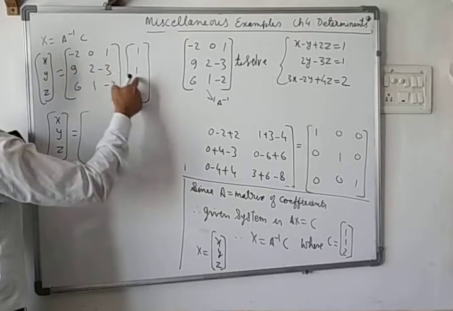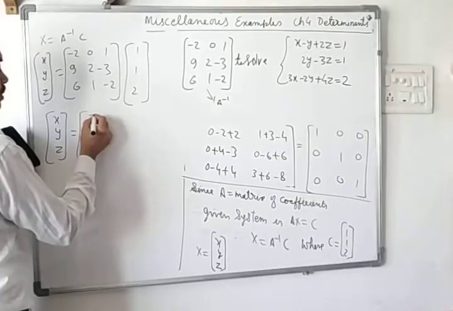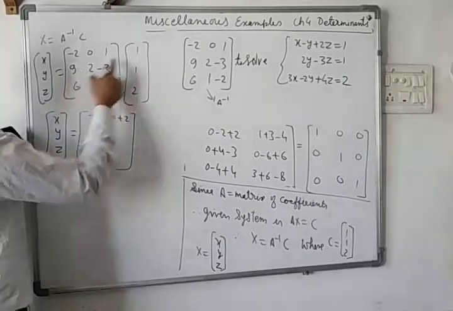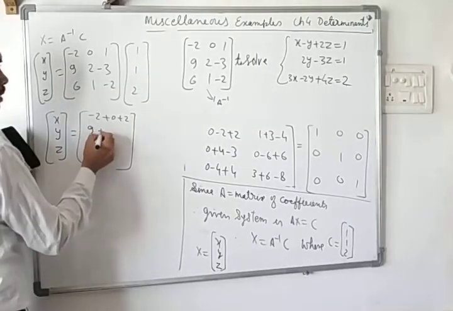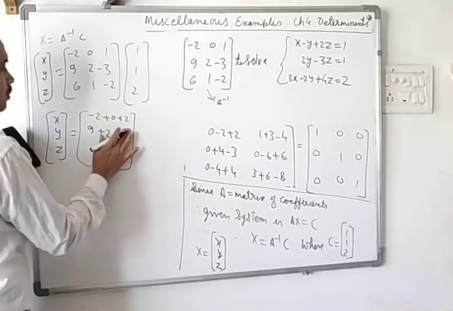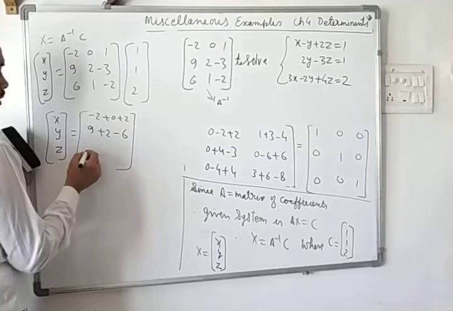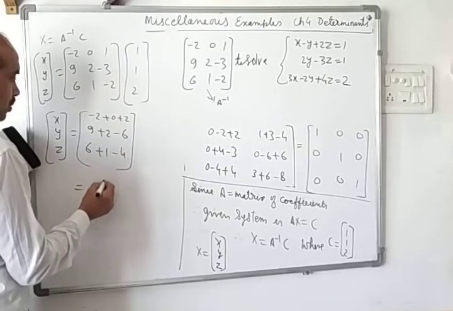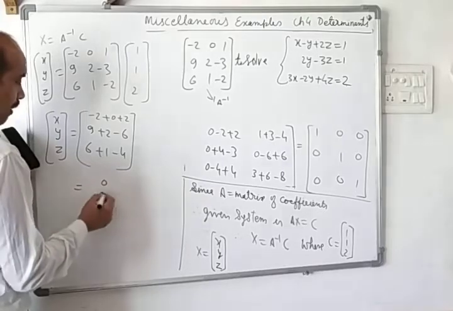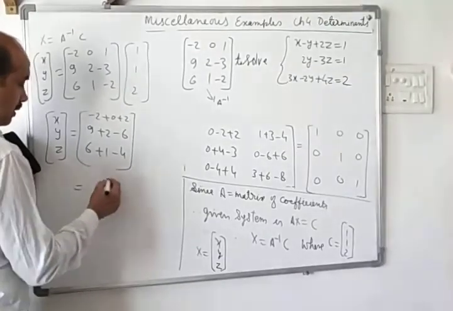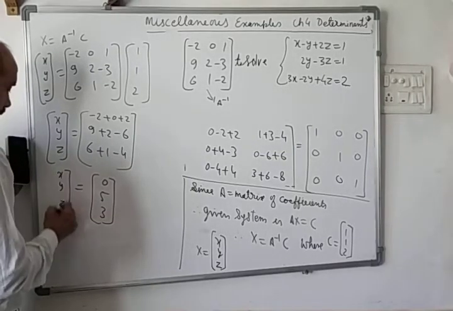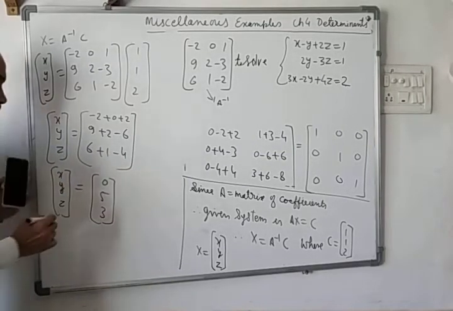Minus 2, 0, plus 2. Second row 9 plus 2 minus 6. Then 6 plus 1 minus 4. So it is 0, 5, 3. This will be the solution.